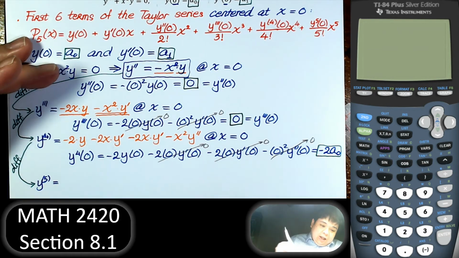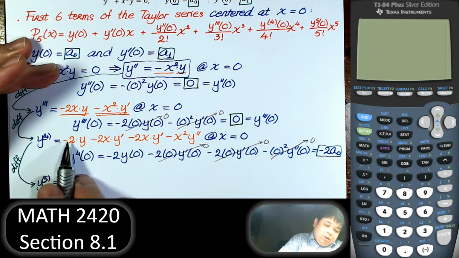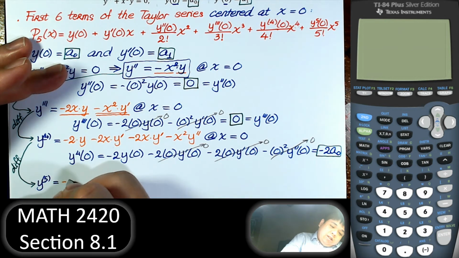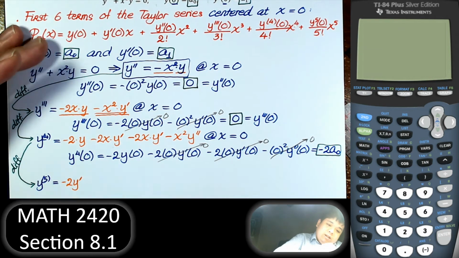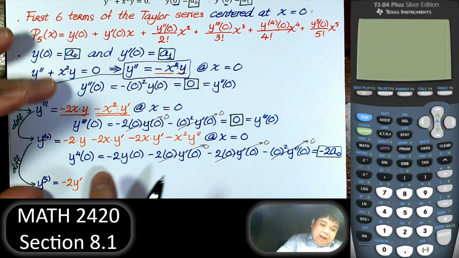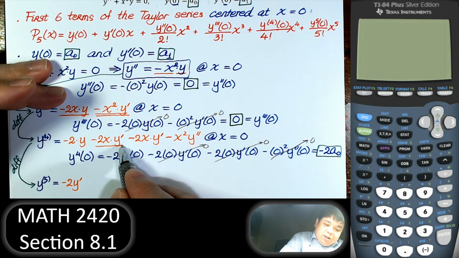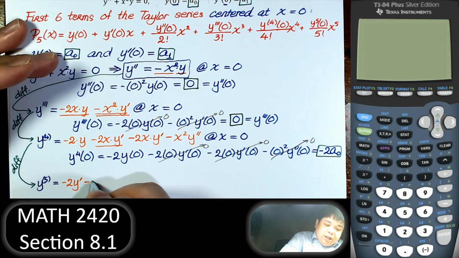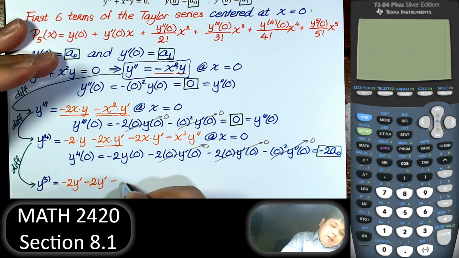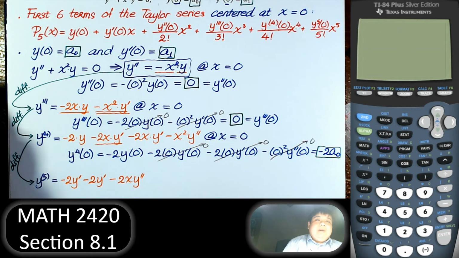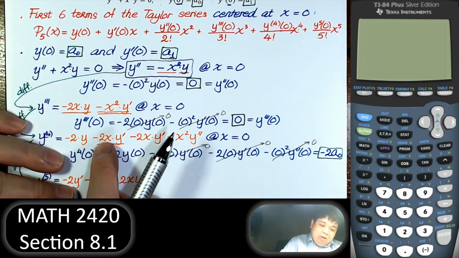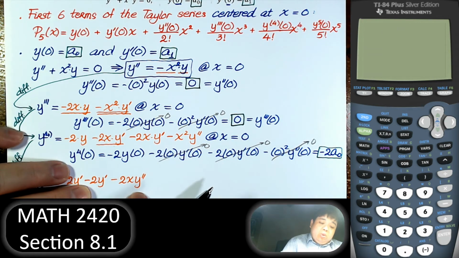Now, the first one is not the product rule, so just negative 2y gives us negative 2y prime. And then next all of them are going to be a product rule. So that first term, product rule, negative 2 y prime, negative 2x y double prime, product rule, right? Derivative of the first with the second, the first with the derivative of the second.